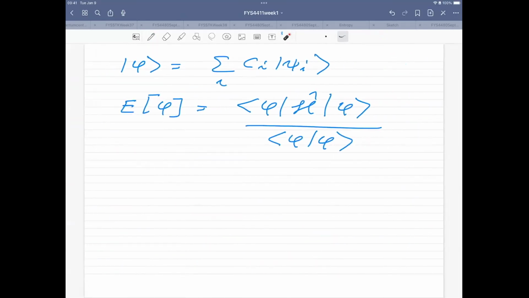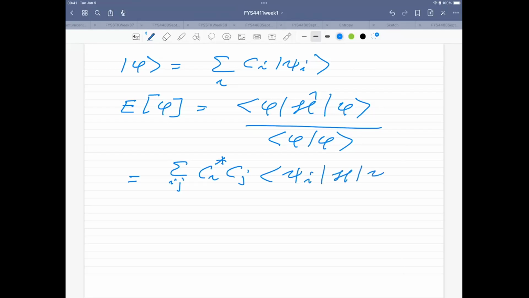Now, if you look at this equation here, then we know that when we plug this in, this becomes equal to a sum over i and j. Then I have a c_i complex conjugate, c_j, and then I have my psi of i and then my psi of j. And due to the orthogonality, this denominator reduces to the sum of c_i squared.